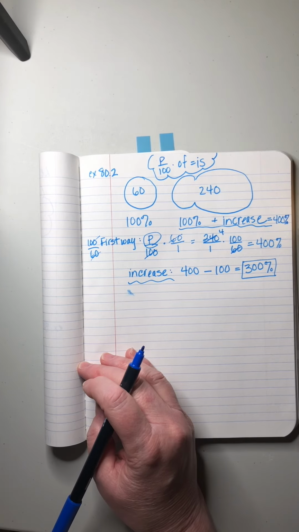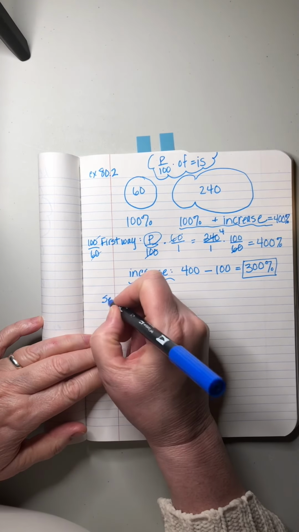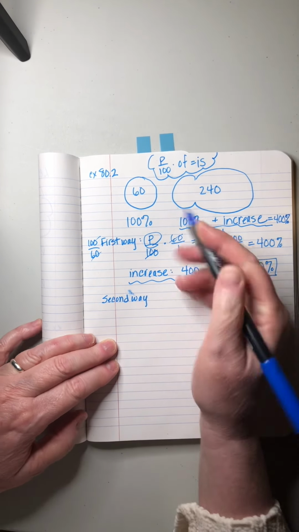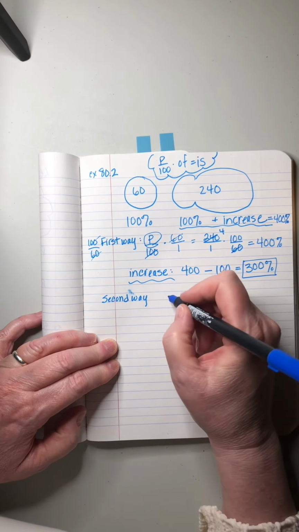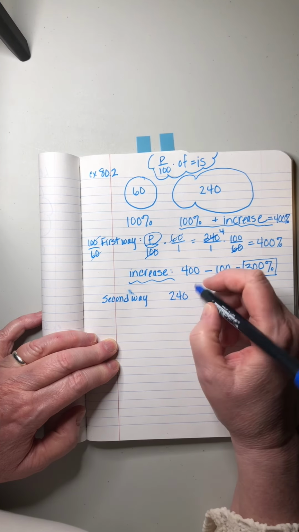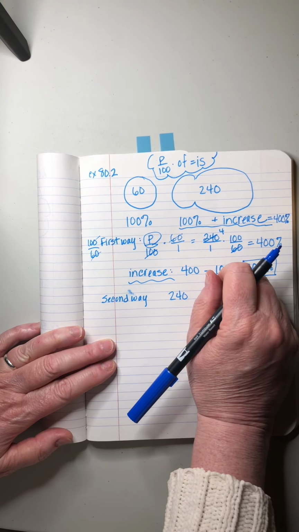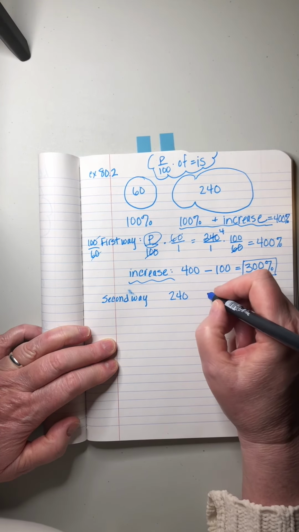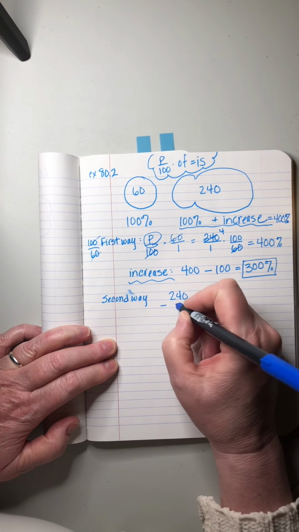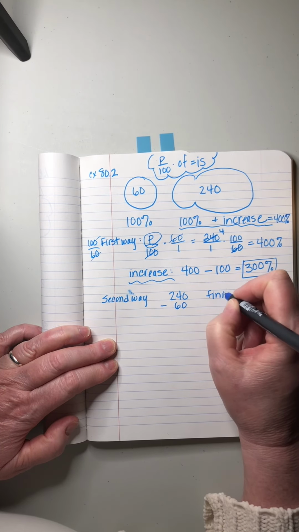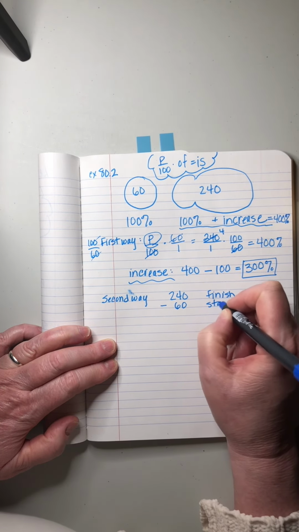right? There's another way to do this that's a little bit faster. And in that way, what we would do in this problem, for example, we would take the 240, what is this even? Oh, it's the cheering fans. It increased, okay? This is the 240 minus the 60. So this is the number that we finish with, and this is the number that we start with.